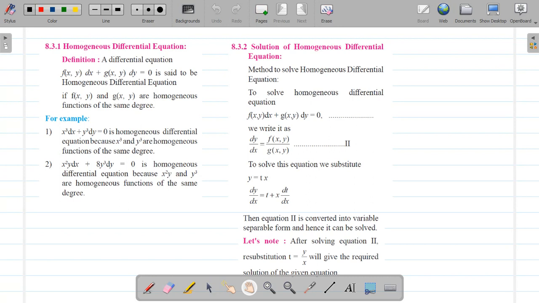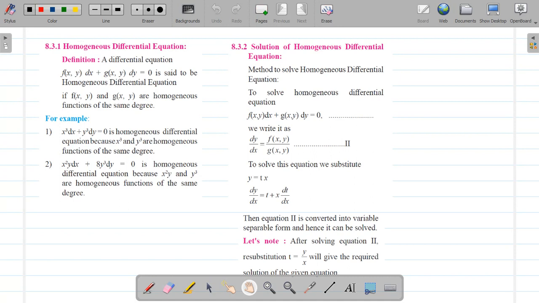If the degrees of both terms are the same, then the equation is called a homogeneous differential equation.